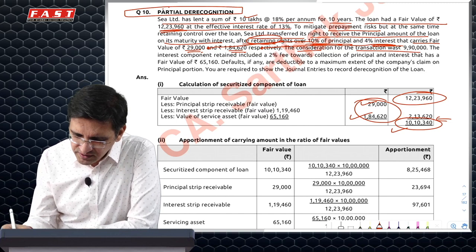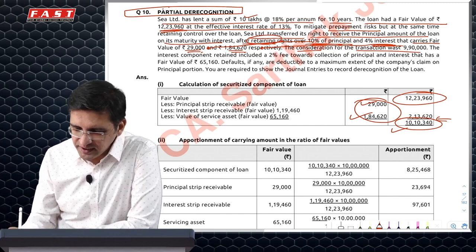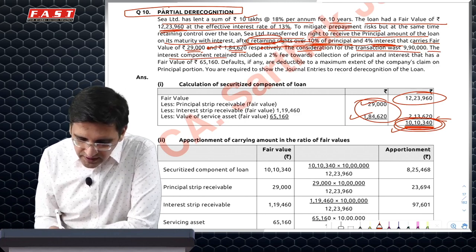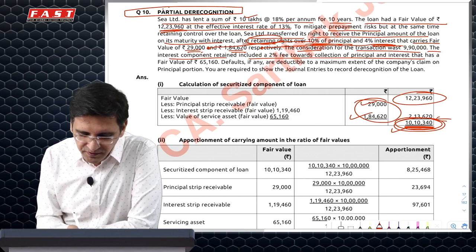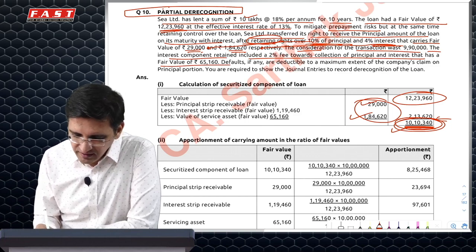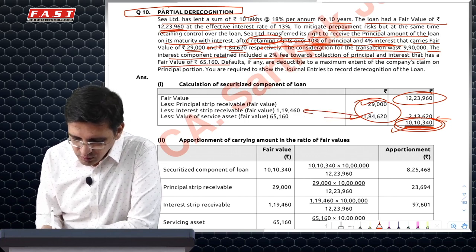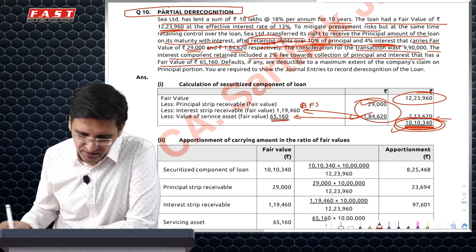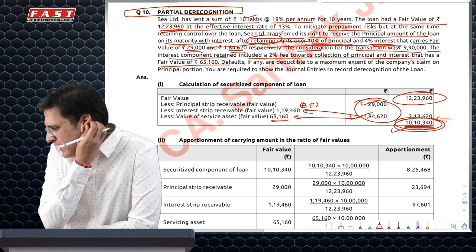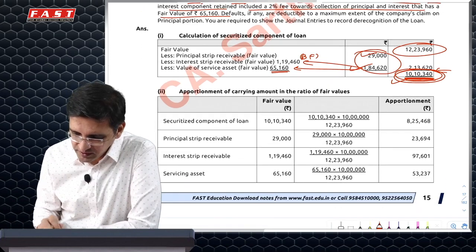The question says consideration is 9,90,000. This 990 is for the part which you have sold, which has a fair value of 1,039,340. It says the interest component also has some service fee of 65,160. So it says that 184620 has 2 components, 65,160, and the balancing figure, which is the interest rate. You will split it between the 2, and you will have to recognize the asset accordingly between these 2.